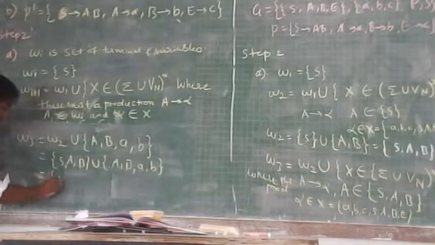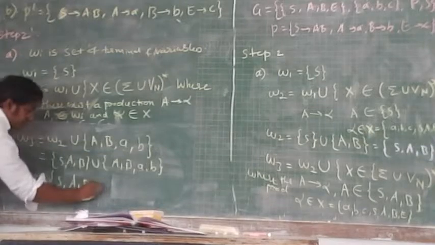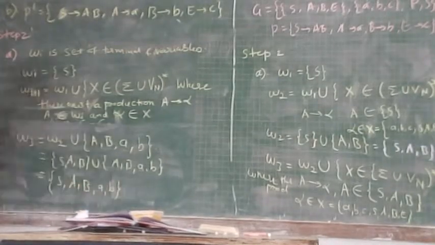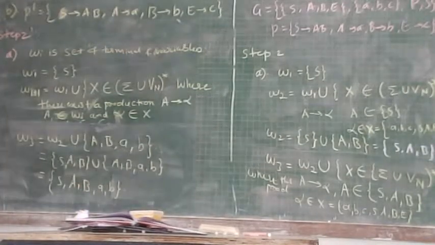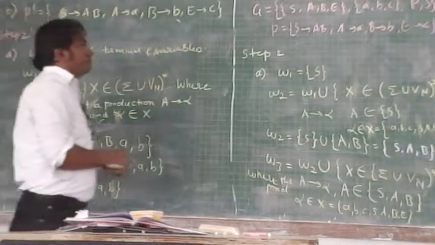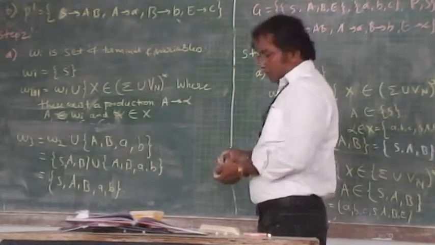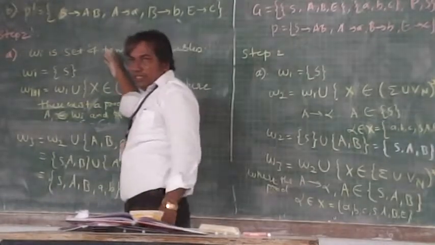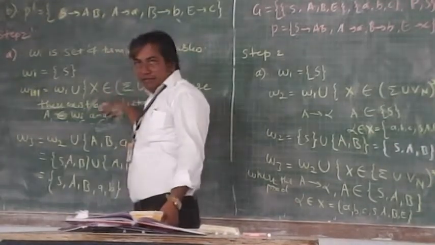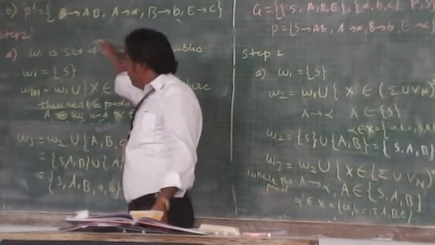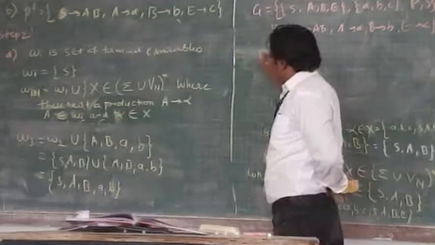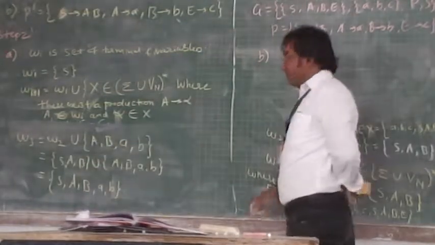So what is the resultant? What we get? AB. This is the W3 we got. Here you can clearly see that E got removed. So this is what we just worked out, step 2, B step.